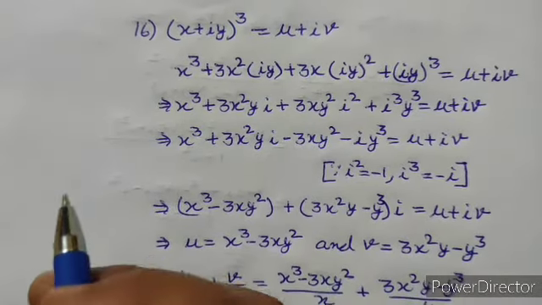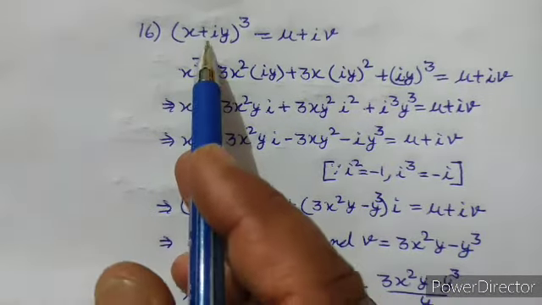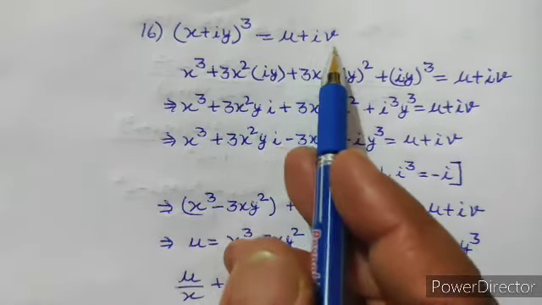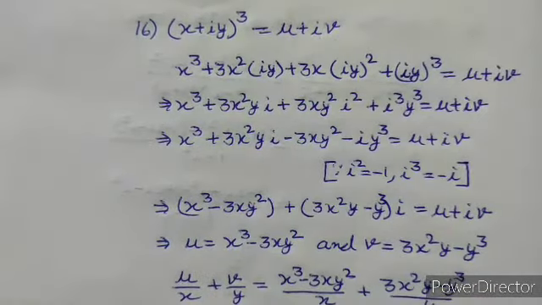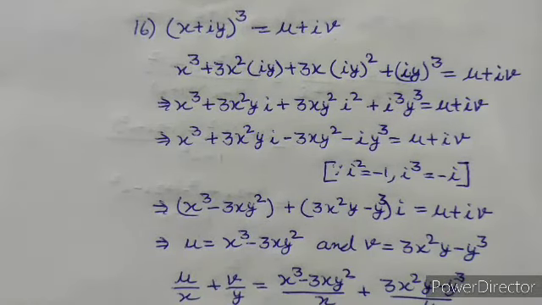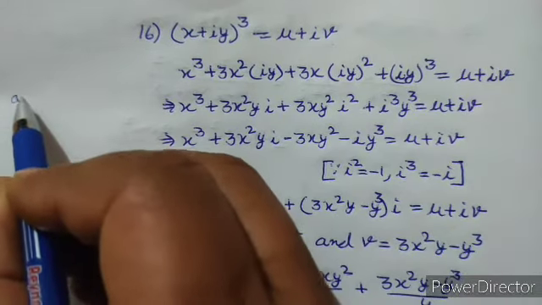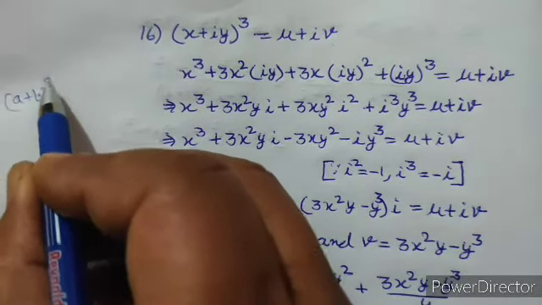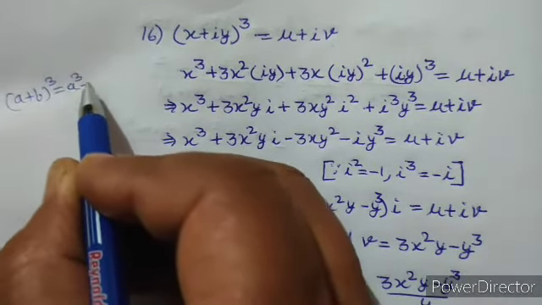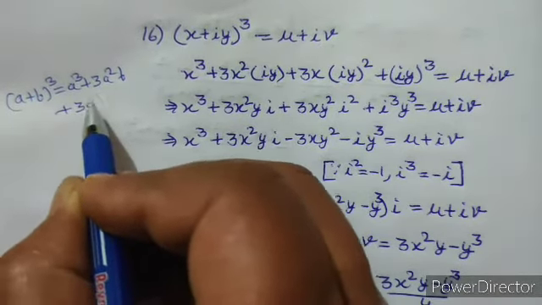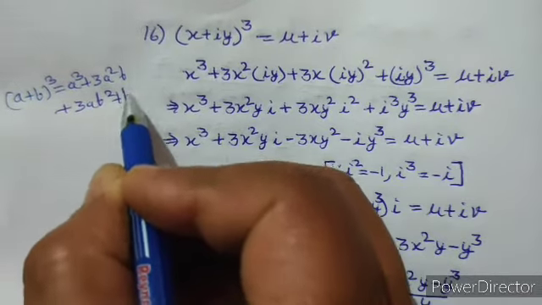Now in question number 16, x plus iy whole cube is equal to u plus iv is given to us, and we have to find out the value of u upon x plus v upon y. As we know that (a plus b) whole cube is equal to a cube plus 3a square b plus 3ab square plus b cube.